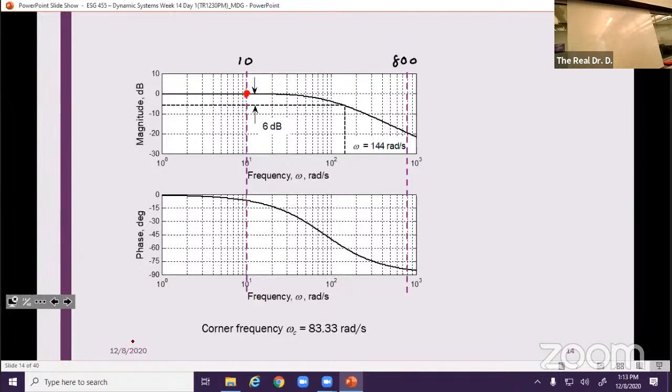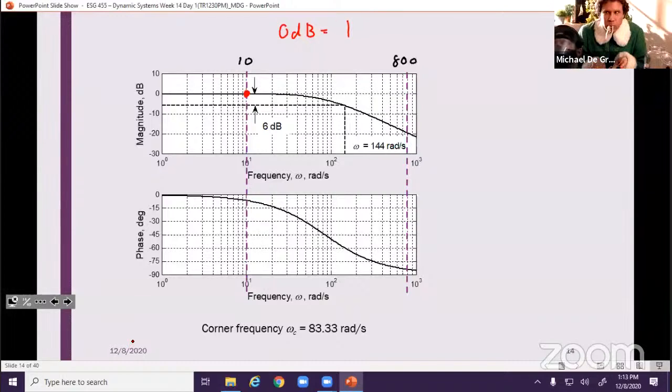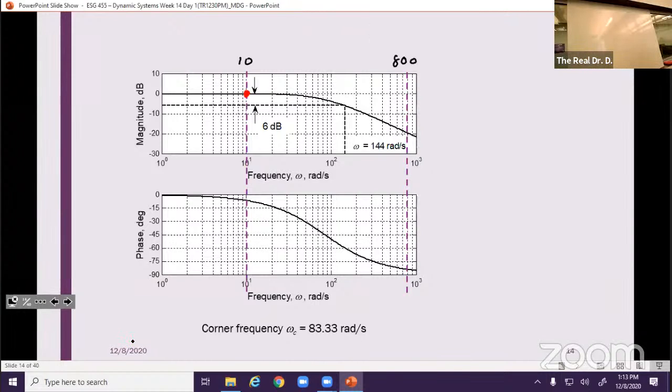This intersects my Bode diagram at 0 dB. 0 dB is equal to a gain of 1, right? Which means that it hasn't amplified or attenuated, it stays the same, which is what it showed us exactly.